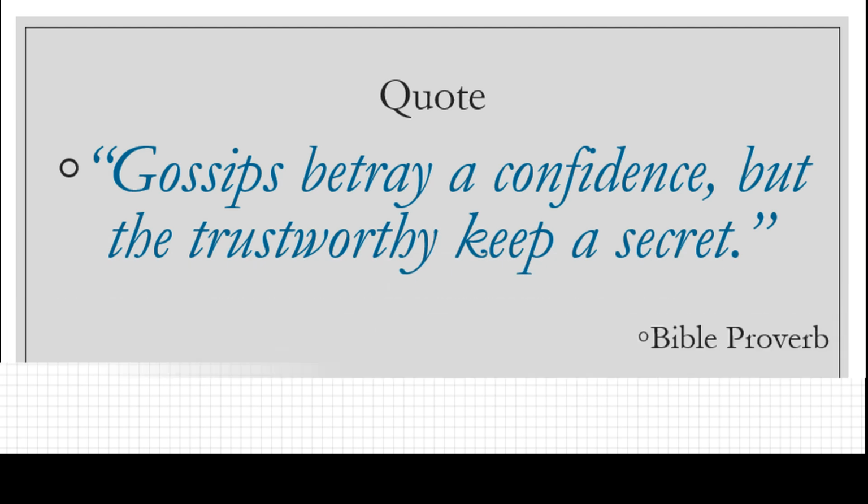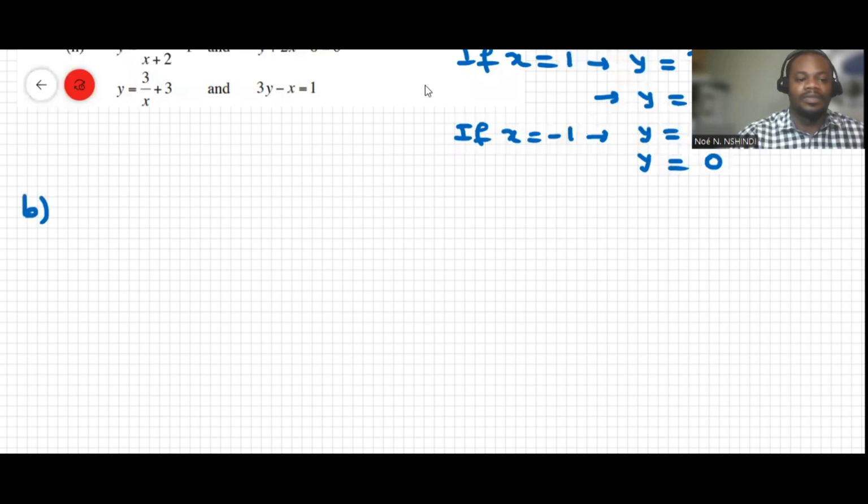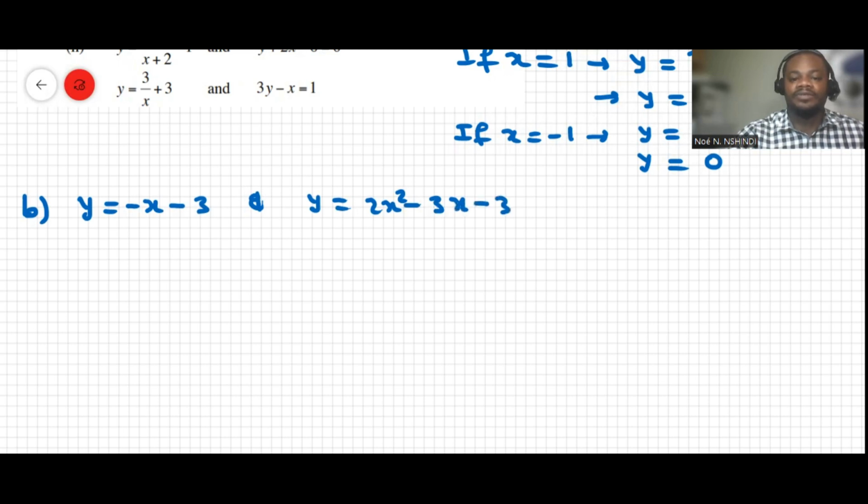And then for question B, we have y equal to negative x minus 3. Okay, and the other equation is y equal to 2x squared minus 3x minus 3.